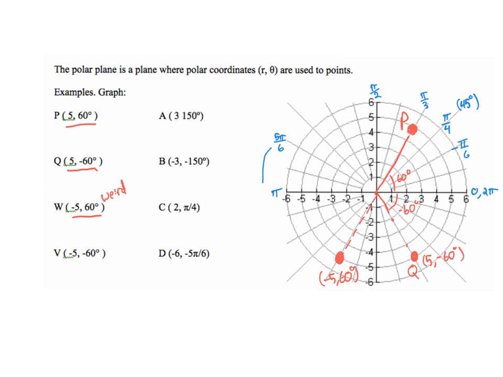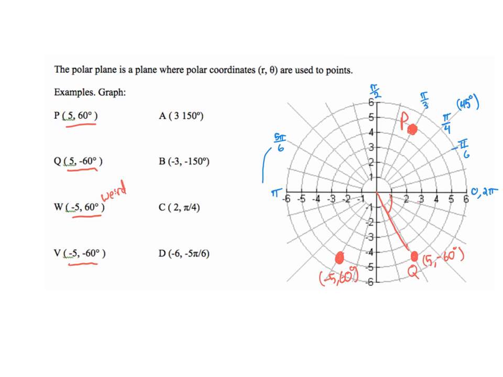Okay, why don't you try this one on your own: -5, -60 degrees. I'll erase a little bit and then meet you back up in a second. Okay, so if I remember correctly, -60 degrees is down here, down from the x-axis.